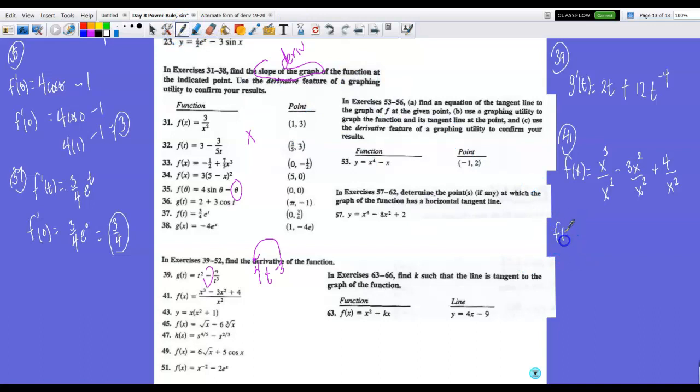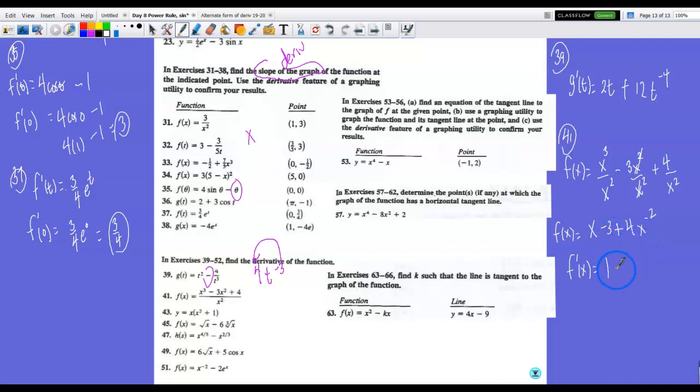So f of x, original function. When I simplify the first term, I'll get x to the first power. When I simplify the second term, the x squares divide out. And when I simplify the third term, I'm going to bring that x squared to the numerator to get it in power function format. Now I'm going to take the derivative. So the derivative of x is 1. The derivative of negative 3, a constant, is 0.